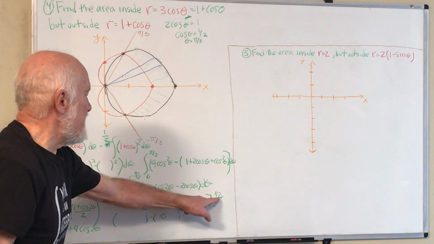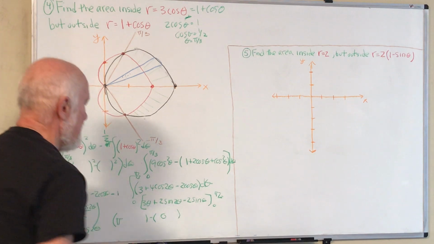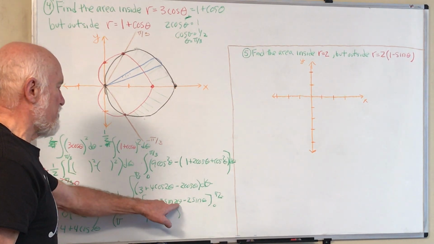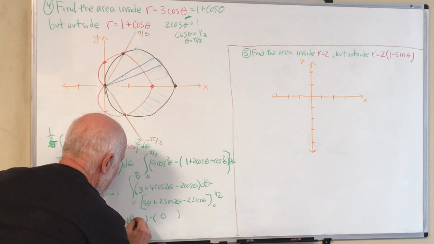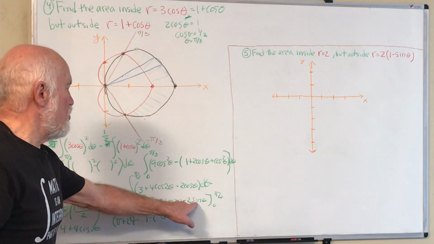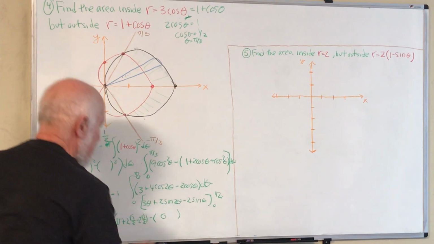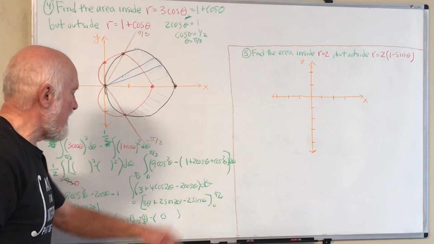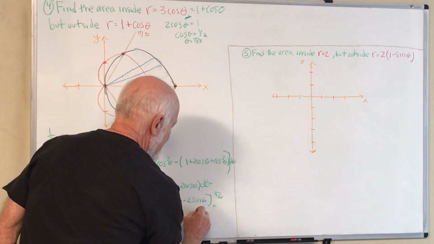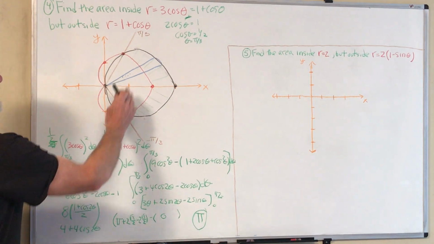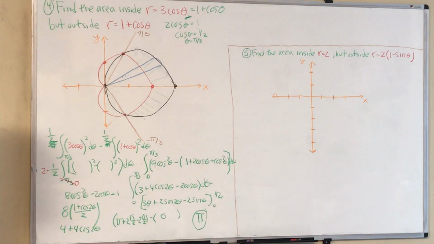But how about pi over 3? 3 times pi over 3 is pi, plus 2 times the square root of 3 over 2, minus 2 times the sine of pi over 3. Same thing. The sine of 2 pi over 3 is the same as the sine of pi over 3, so you're left with just pi. So the area in this moon-shaped section is pi square units.